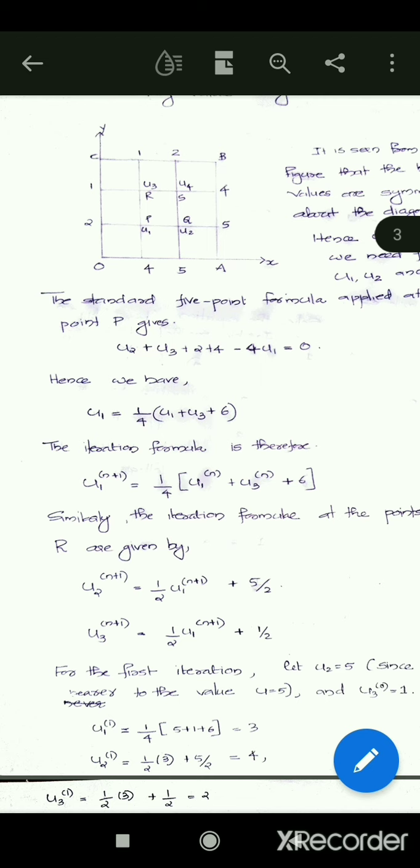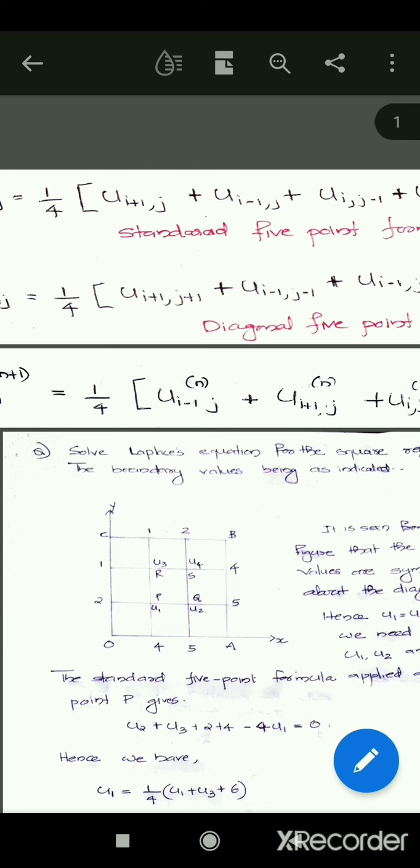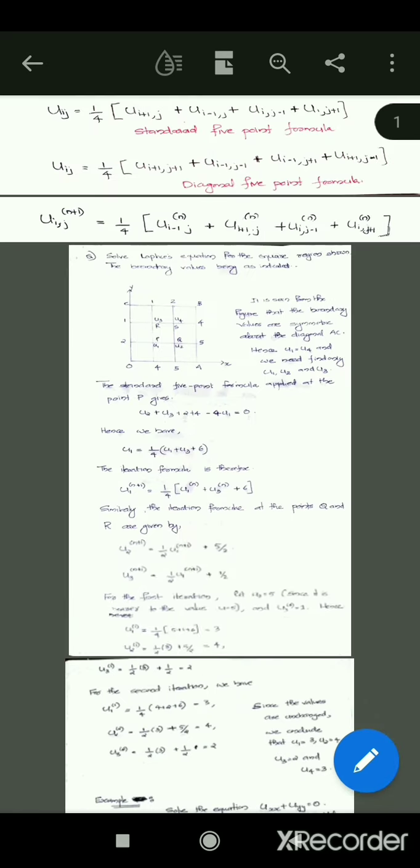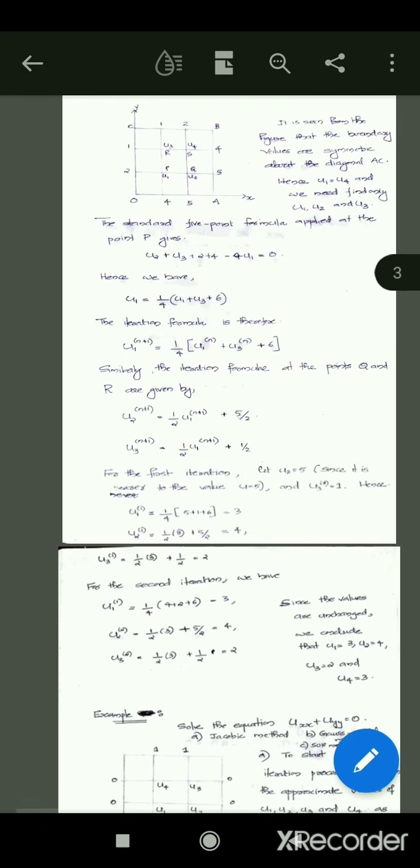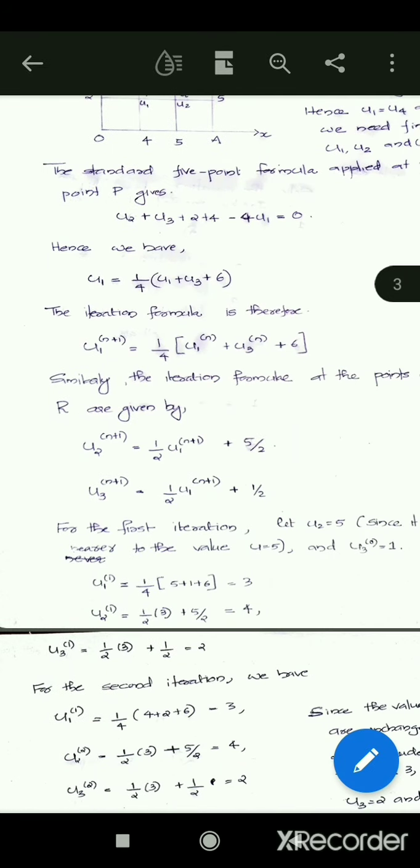The standard 5-point formula can be replaced as u1 is equal to 1 by 4 into u1 plus u3 plus 6. Simply putting it as an iteration formula, which is Jacobi's method, the iteration formula becomes 1 by 4 into u1 of n plus u3 of n plus 6.